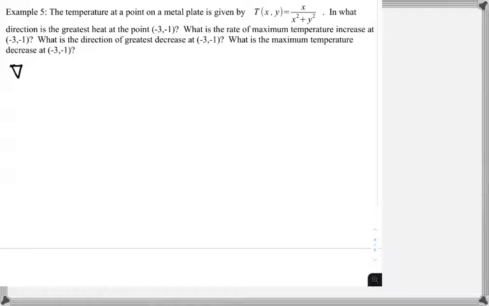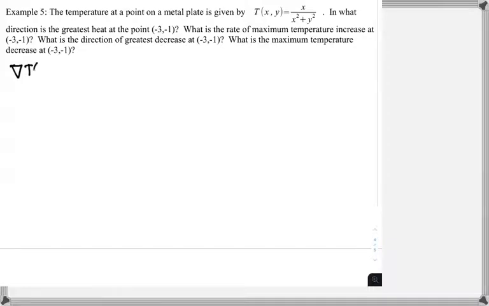What is the rate of the maximum temperature increase at -3, -1? So we're going to find the magnitude of the gradient. What is the direction of the greatest decrease at -3, -1? And so what we would be doing there is finding the negative of the gradient. And then what is the maximum temperature decrease at -3, -1? And so that'd be the negative of the magnitude of the gradient at that particular point.